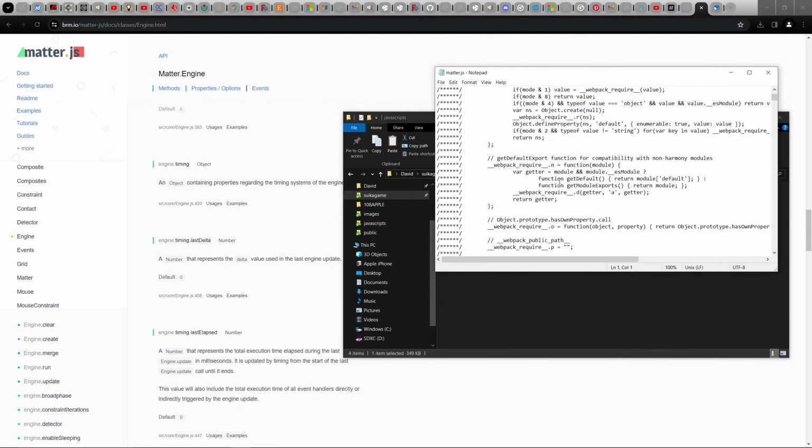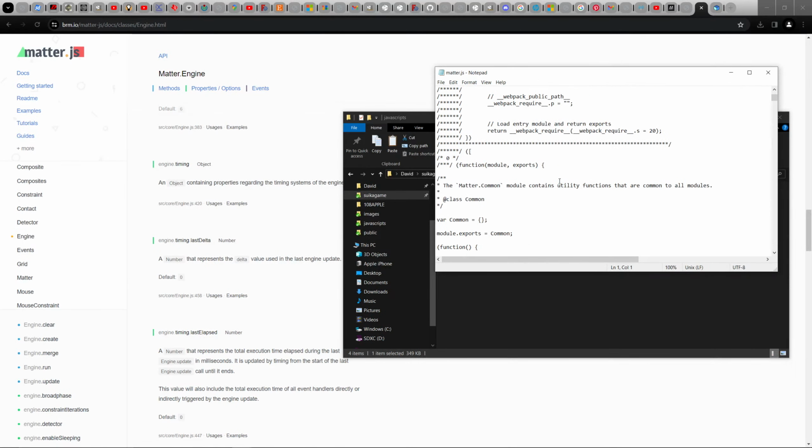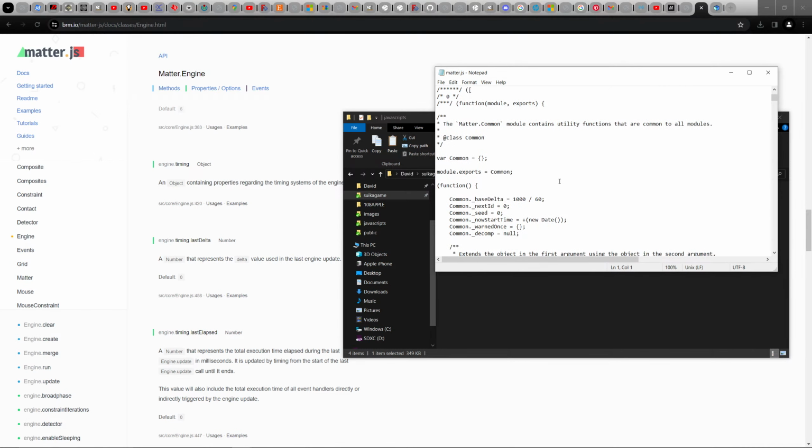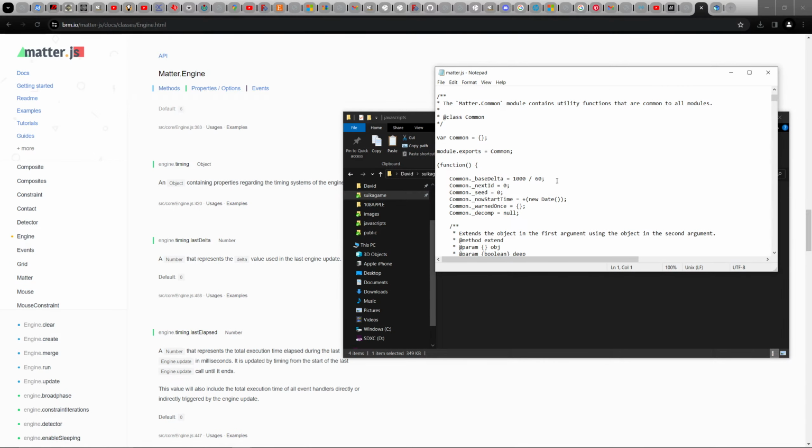Webpack stuff. Utility functions that are common to all.